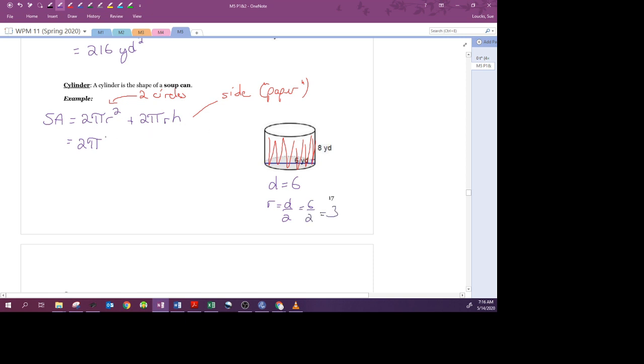So that's the number that we're going to use here. It's 2 times pi times 3 squared, sorry, it's the radius squared, plus 2 times pi times the radius times the height. You plug that all in your calculator, you get 207.35 yards squared. And again, squared because we're talking about an area.